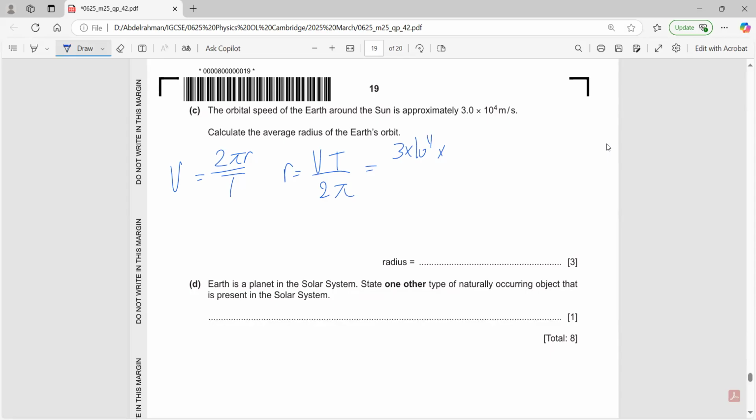The orbital time is 365 days times 24 hours times 60 minutes times 60 seconds, over 2 pi. This gives a number roughly 150 billion meters, which is 1.5 times 10 to the power of 11 meters. That's why we say it's around 150 million kilometers.